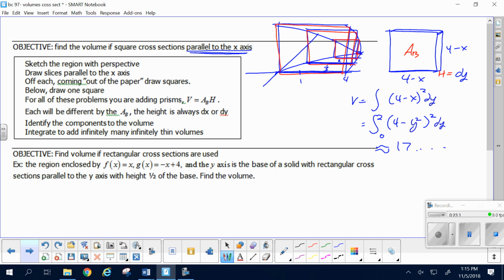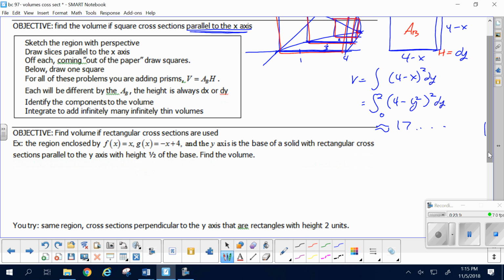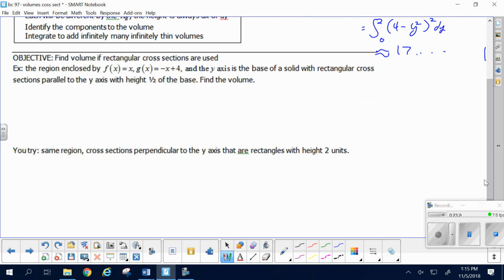All right, now let's try. That's squares. And squares is the most common, but sometimes you'll see rectangles. So imagine if you had a different region. Let's sketch the region in 2 dimensions, then go to perspective.